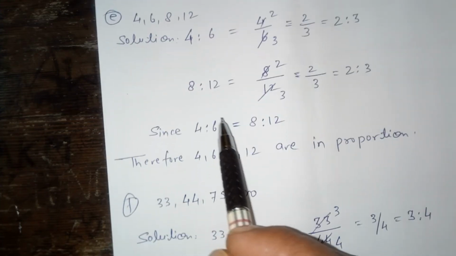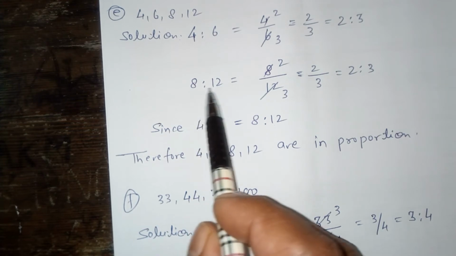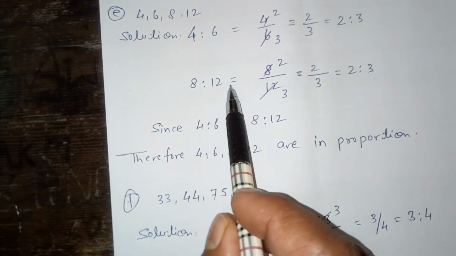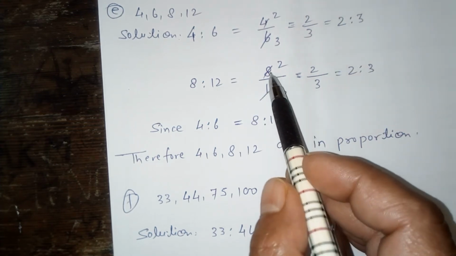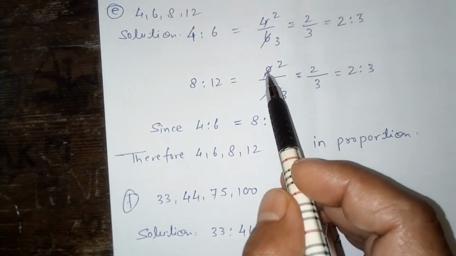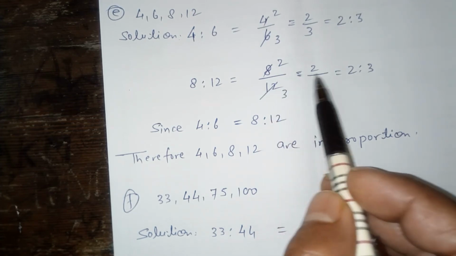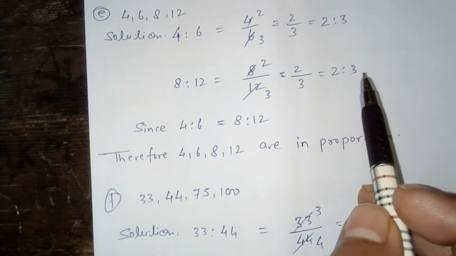Okay, now the ratio of third and fourth number, that is 8 and 12 is equal to 8:12 is equal to 8 upon 12. 8 and 12, it will be cancelled by 4. 4 2s are 8, 4 3s are 12. It will give to you 2 upon 3 is equal to 2:3.